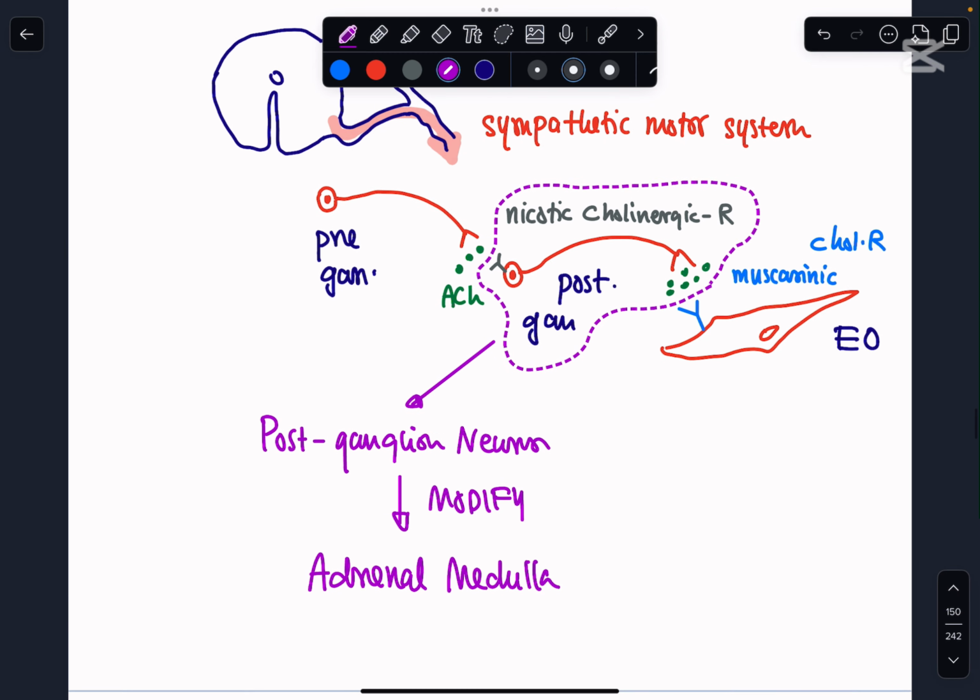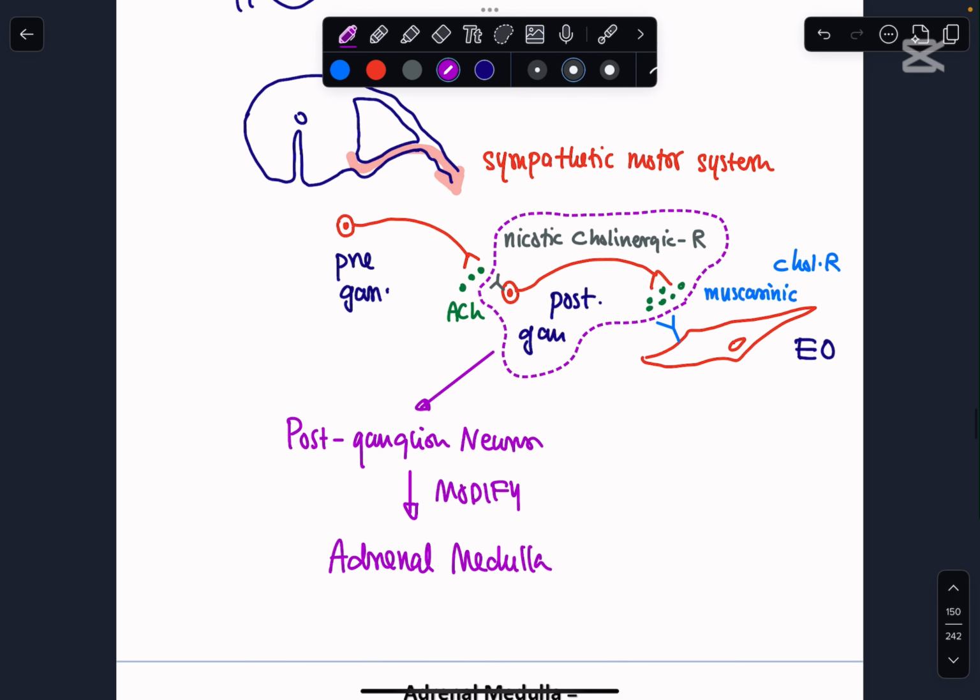By the way, I made a mistake, guys. This is sympathetic. This is supposed to be not acetylcholine, actually. That's supposed to be norepinephrine, epinephrine.